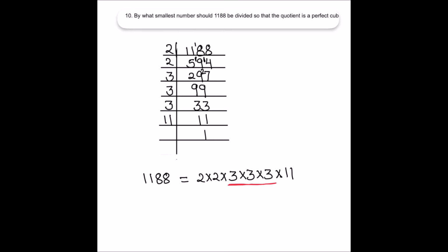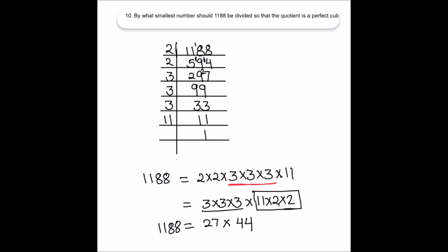So we can write it as 3 times 3 times 3, 11 times 2 times 2, or we can write it as 3 times 3 times 3 is 27 times 11 times 2 times 2 is 44. This is our triplet and these numbers are not in triplet.